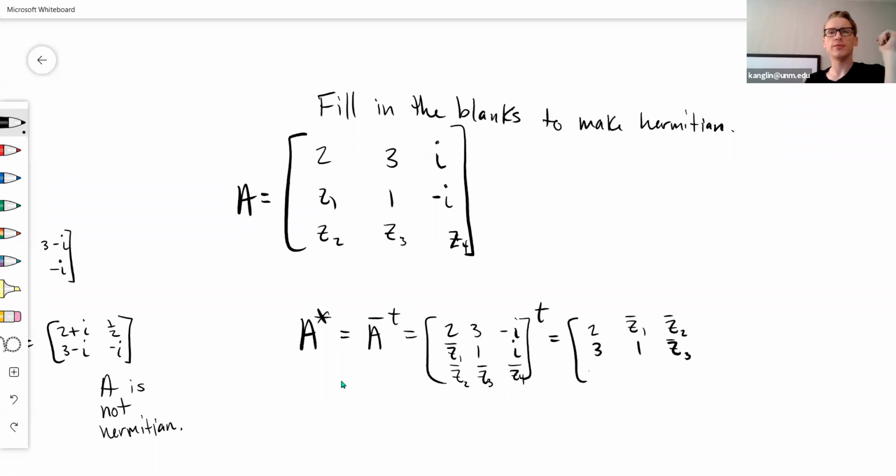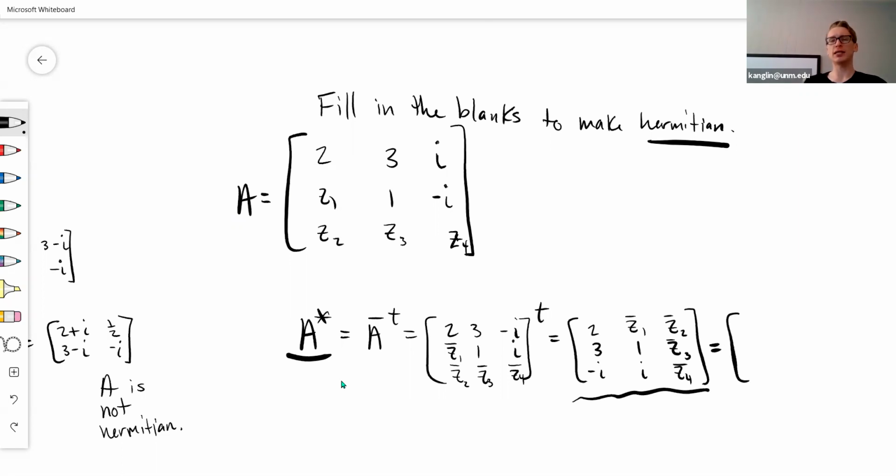And finally, this is what we have. So we're saying that in order to be Hermitian, the conjugate transpose, which I've written out here, has to equal what we started with, has to equal A.